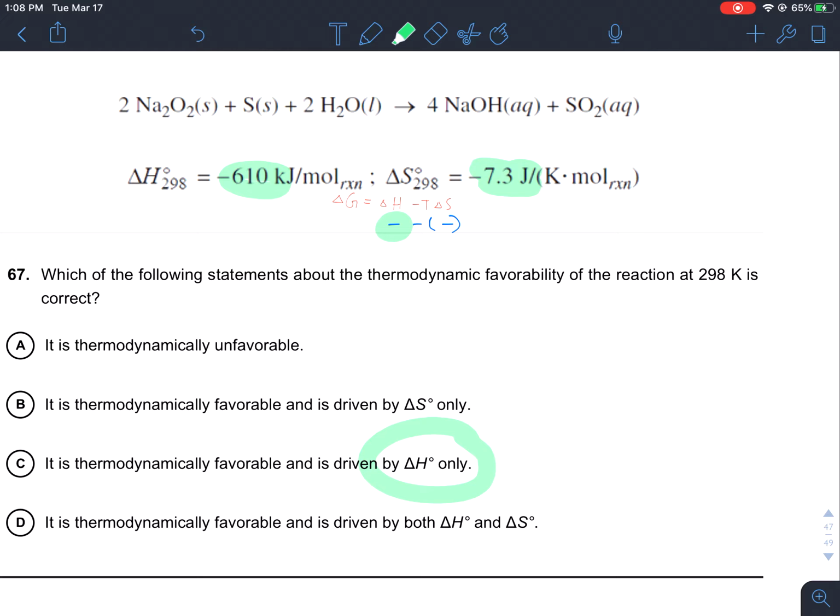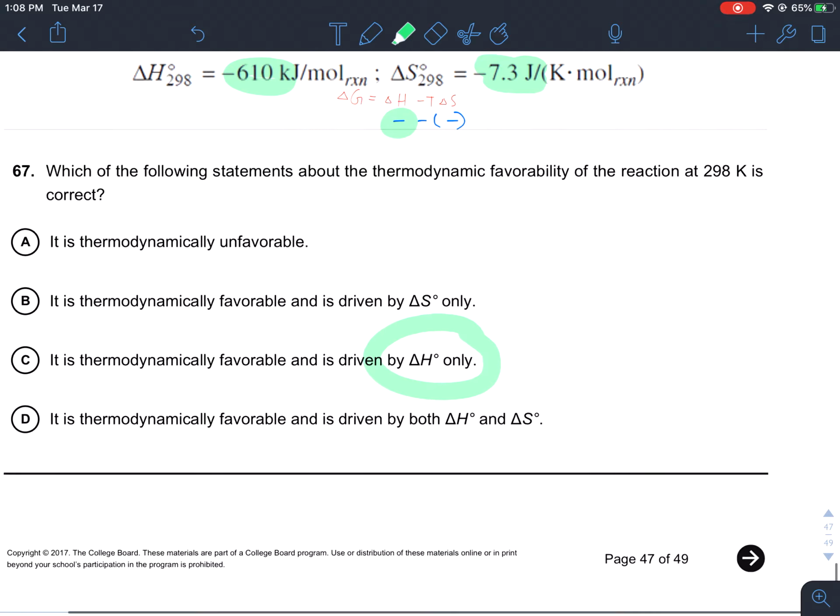I guess you should plug the numbers in to try them out. If you do, you need to remember to convert your delta S into kilojoules. I'm not going to do it. It's just not worth it.